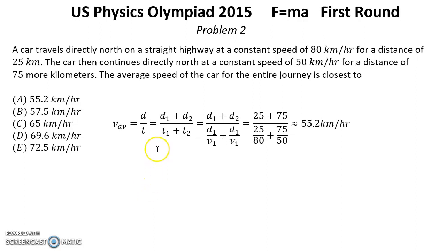The total distance equals distance d1 plus distance d2, which is 25 plus 75 kilometers, divided by total time, which is t1 plus t2, and each time equals distance divided by speed, which is this expression. And finally, when we put in numbers, we will get 55.2 kilometers per hour. That's result A.